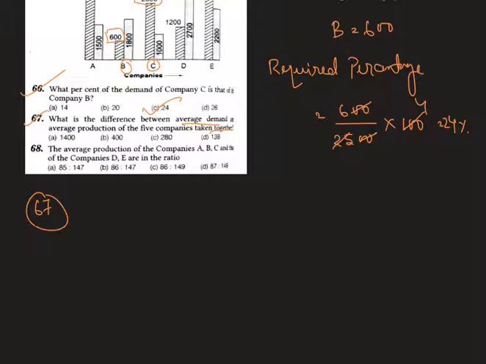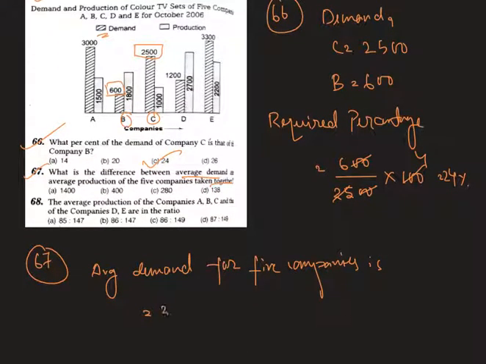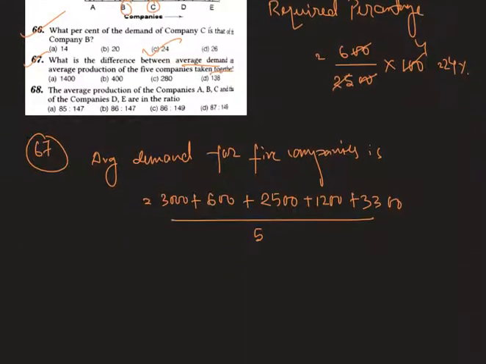So the average demand for 5 companies is nothing but the average of 3600, 2500, 1200 and lastly 3300, all divided by 5, and this results in 10,600 divided by 5, which is 2120.